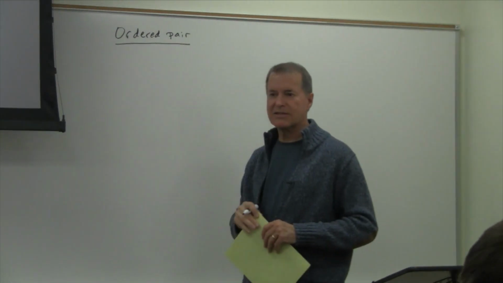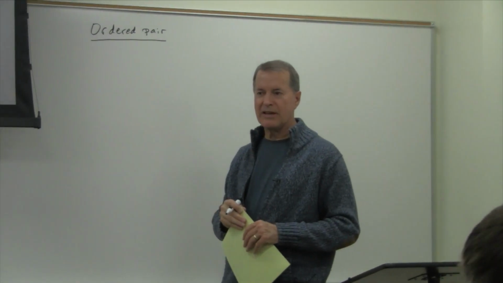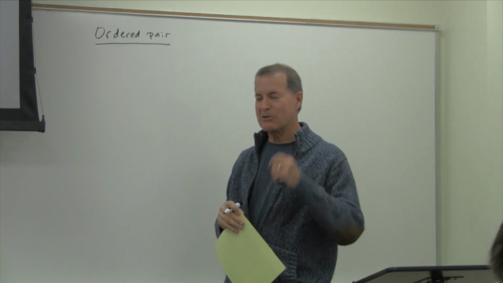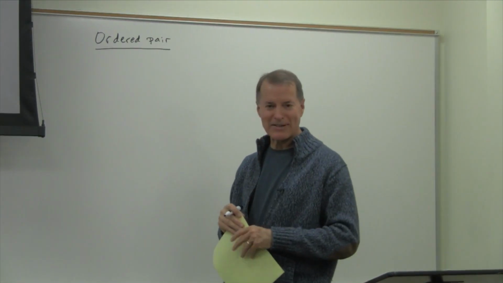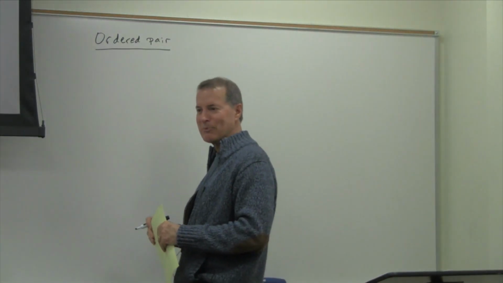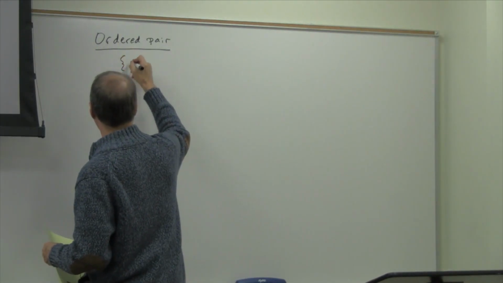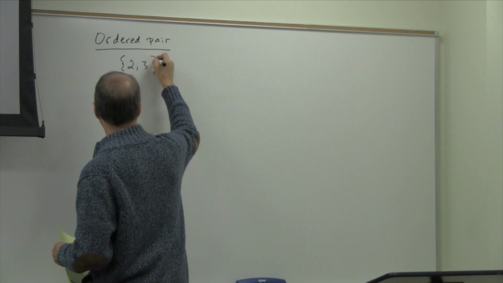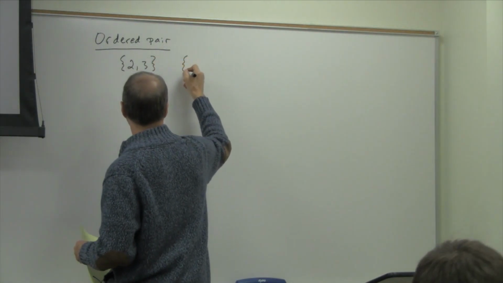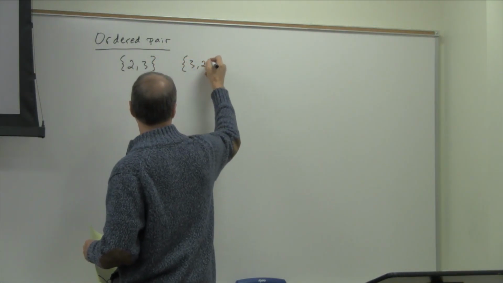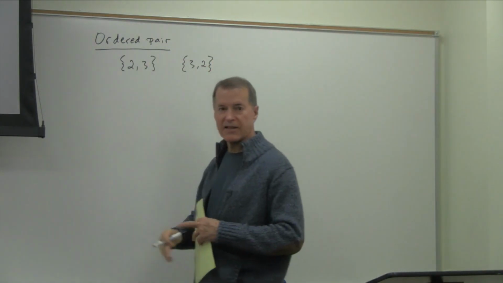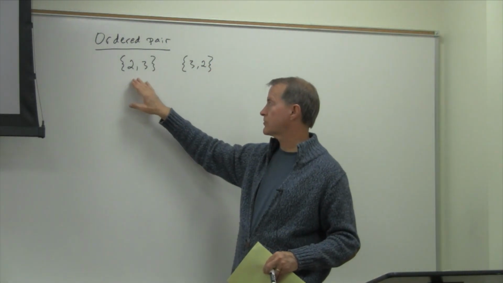Now, I want to give you an example. You know how your English people always want you to compare and contrast when you write an essay. So let's compare and contrast ordered pairs with sets. So check this out. What do you know about these two sets? Here I have a set 2, 3.